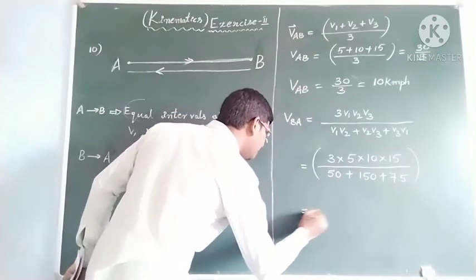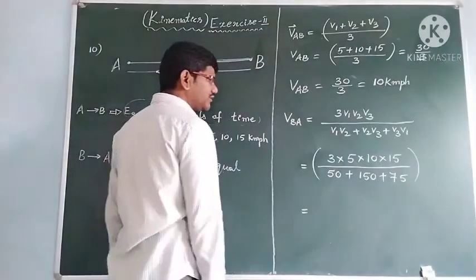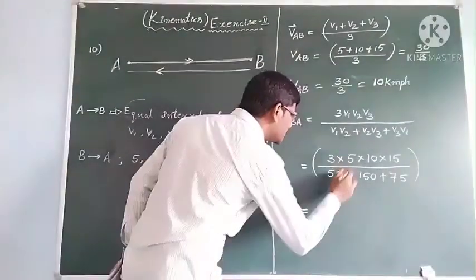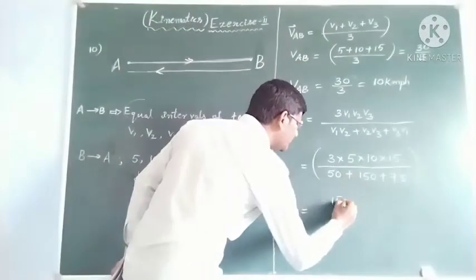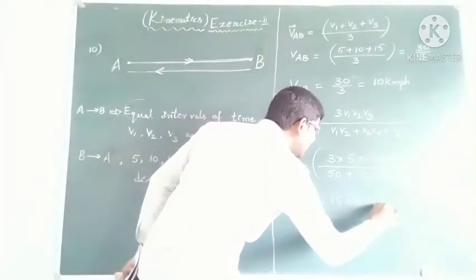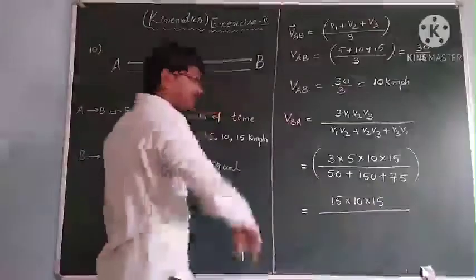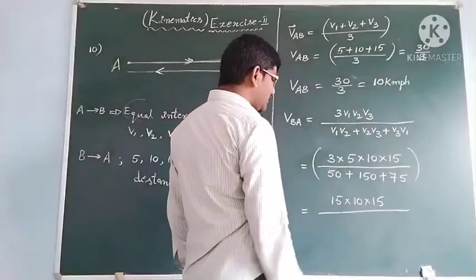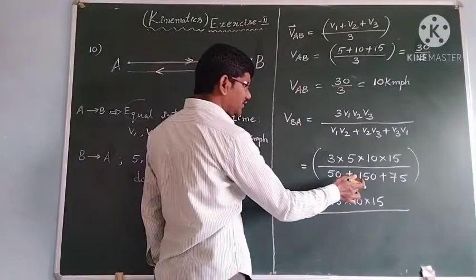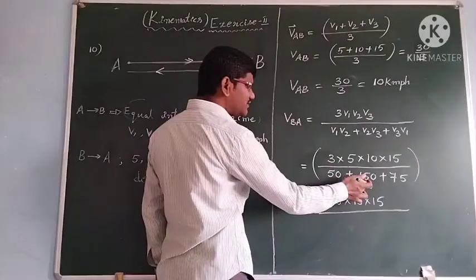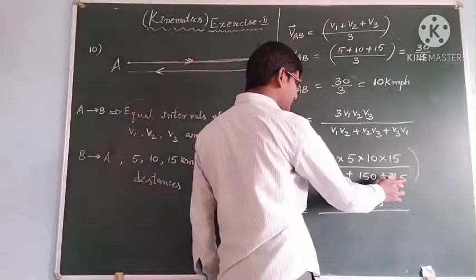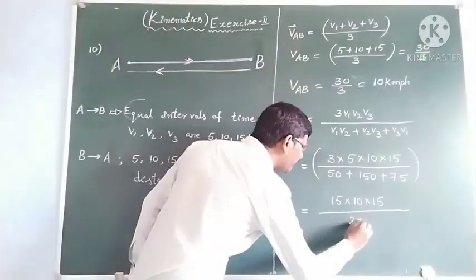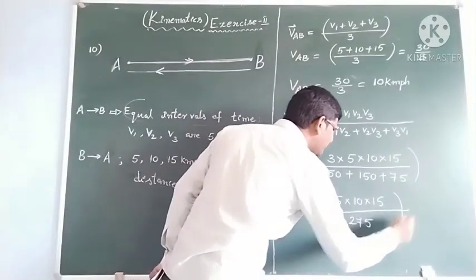So 3 into 5 is again 15, 15 into 10 into 15 in the numerator. Denominator: 50 plus 150 is 200, 200 plus 75 is 275.